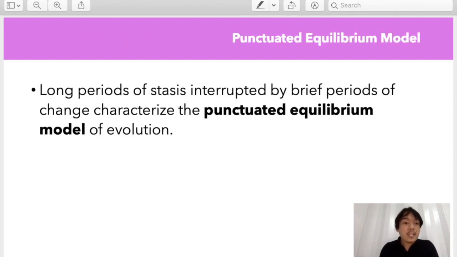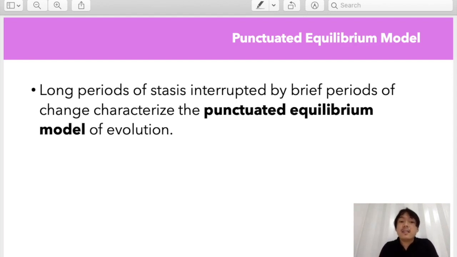The punctuated equilibrium model is characterized by long periods of stasis interrupted by brief periods of change. So we have brief periods of time, and there are some long periods of stasis.